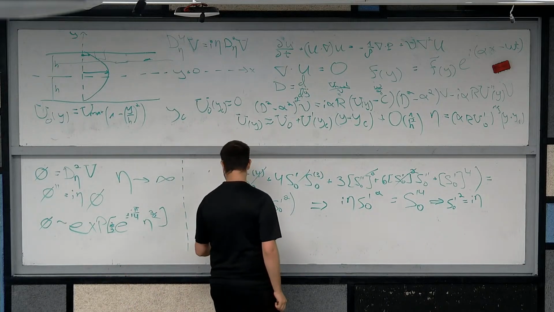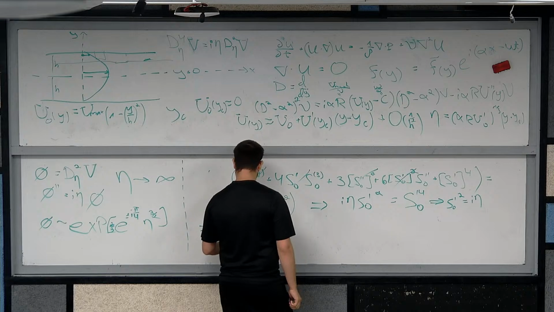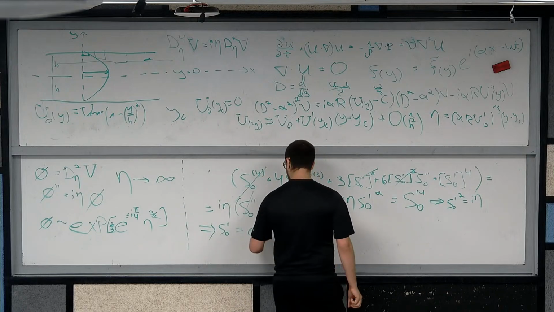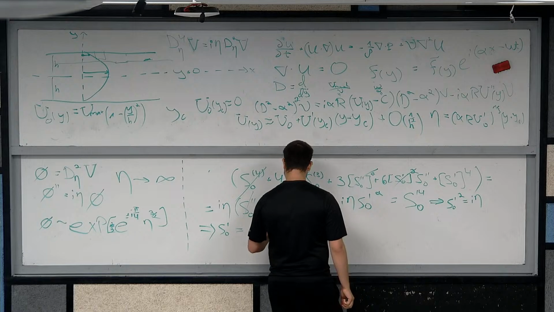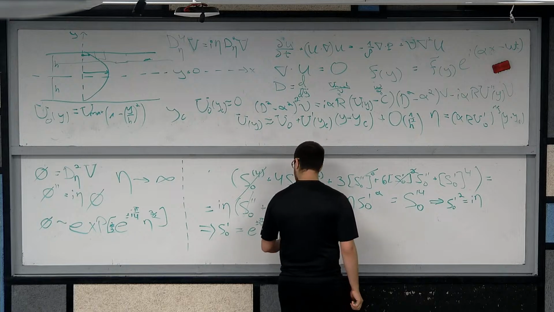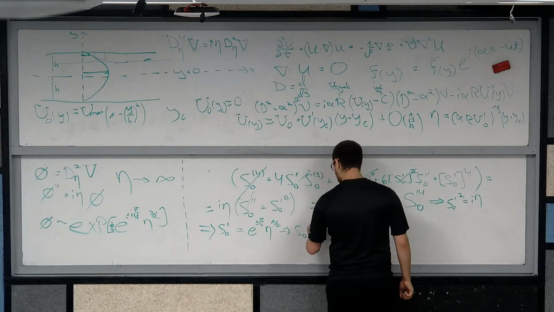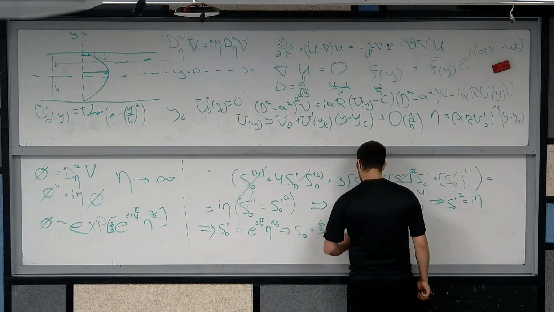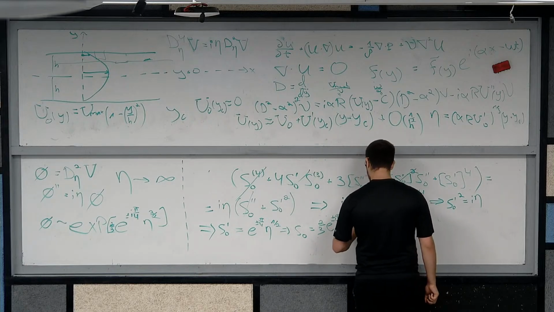It actually showed that S0 prime is equal to e to the plus minus pi over 4 i first eta to the half, and from it S0 is 2/3 of e to the minus plus pi i divided by 4 eta to the 3/2.